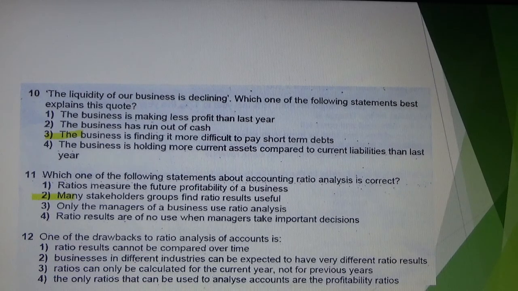Many stakeholder groups find ratio results useful. For the last MCQ, one of the drawbacks or disadvantages of analysis of accounts is here. Businesses in different industries can be expected to have very different ratio results. So that's all for our MCQs in chapter 26 from the booklet.